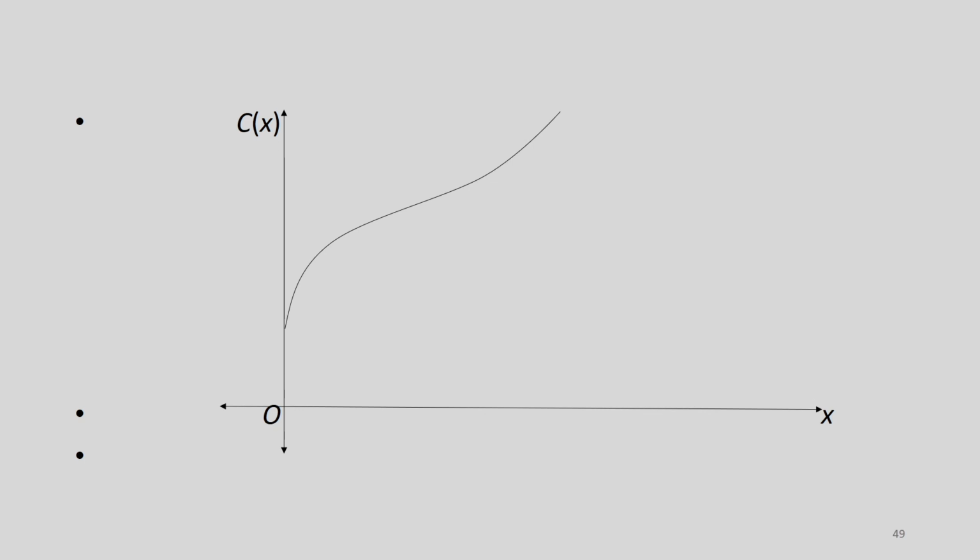On the x axis you have the output levels of the firm, and along the y axis you have the cost, and you can see that the function actually behaves the way I just described. Initially, as the output rises, the cost is rising at a very steep rate, but then as output rises, the cost is rising at a slower rate, and finally it again starts to rise at a very fast rate. So, this can be represented by a cubic function.